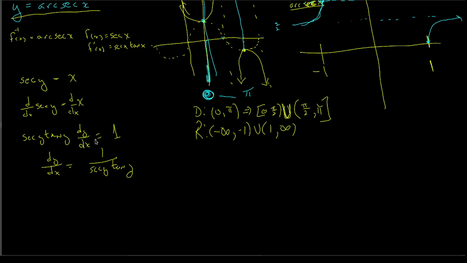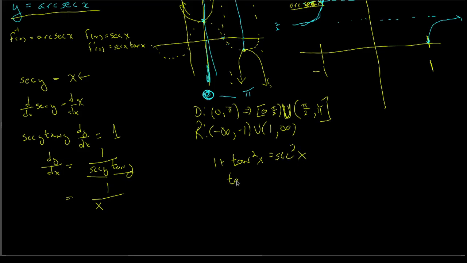And now we want to replace this in terms of x. So what we have to look at here is, we're in terms of y, but we want this in terms of x. Well, the first substitution we can do is this is 1 over x. And the other thing is, well, we go back to our Pythagorean identities, and we know that 1 plus tangent squared x equals secant squared x.